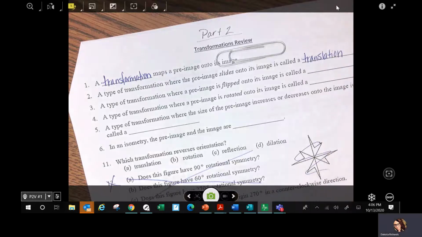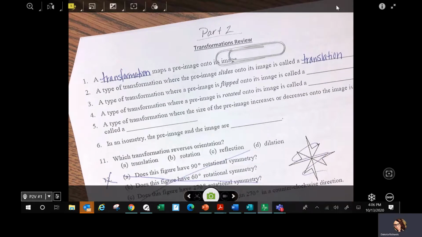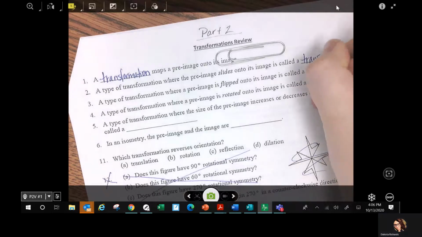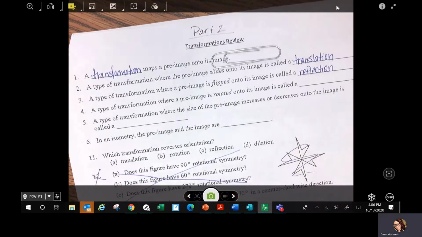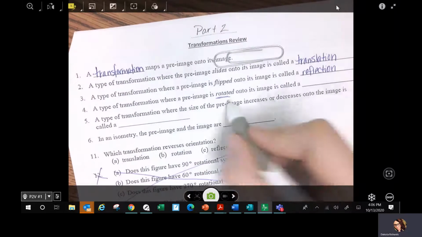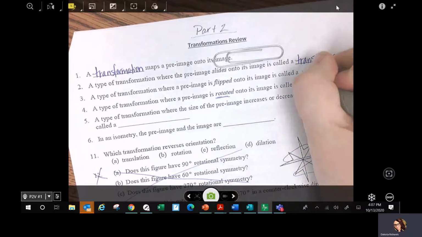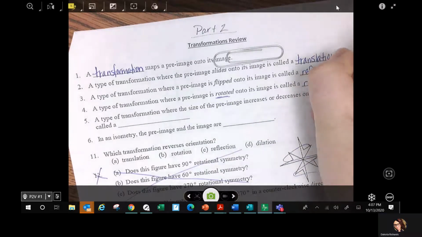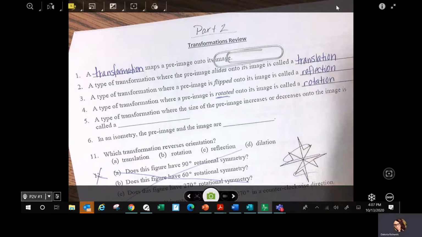A type of transformation where a pre-image is flipped onto its image is called a reflection. Okay. A type of transformation where the pre-image is rotated, it's in the word, onto its image is called a rotation. Yeah, it's in the word rotated, it's a rotation.